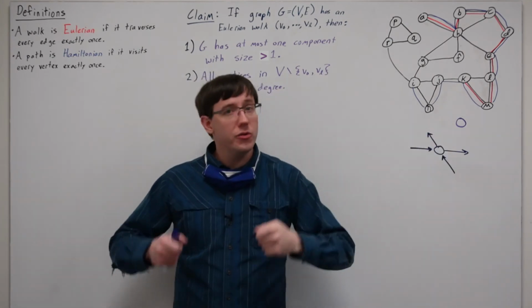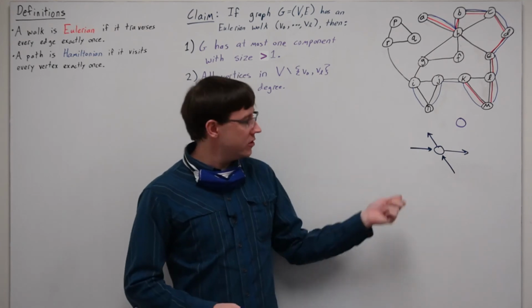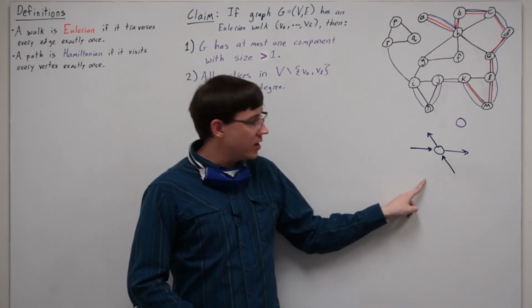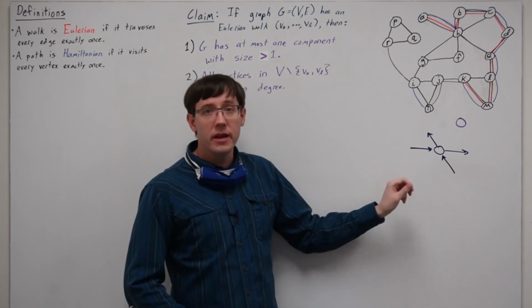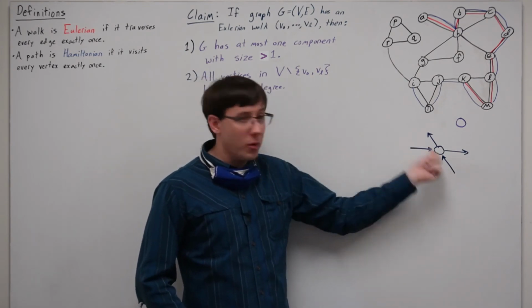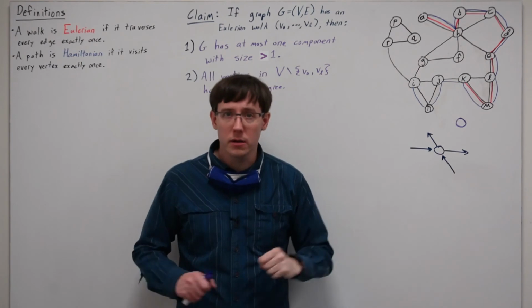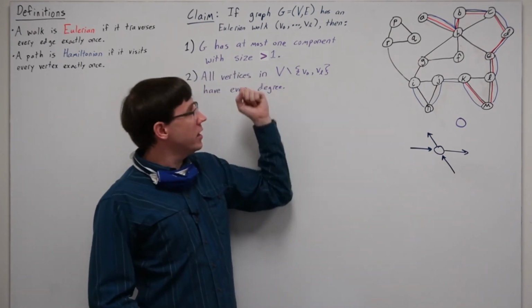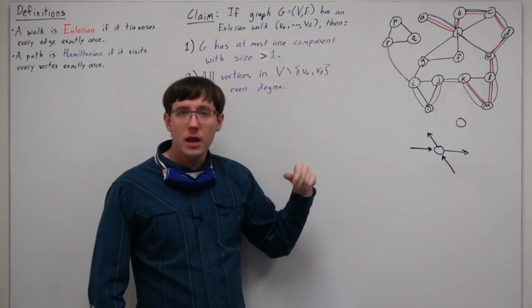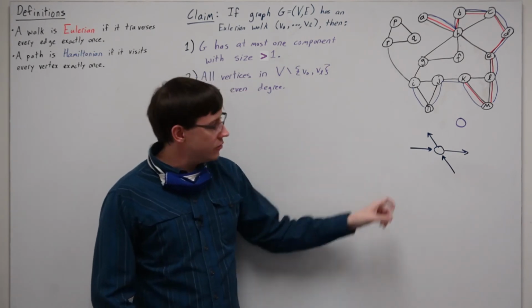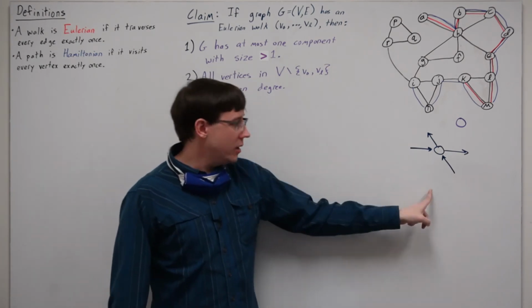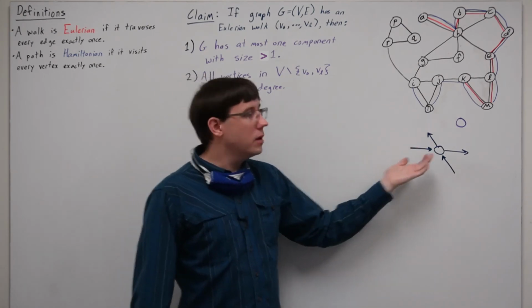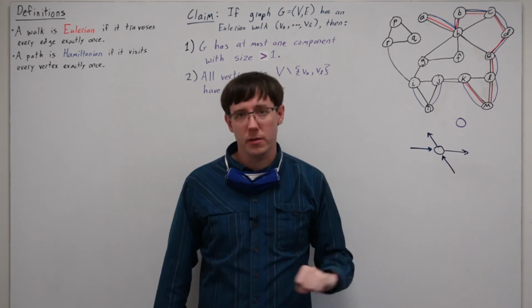And because we know the Eulerian walk traverses every edge, there can't be any other edges coming out from this vertex except the ones that we followed as a part of the walk. And so the degree of this vertex will be twice the number of times it was visited by the walk. Unless, of course, it is the start or end vertex, in which case we could arrive here and never leave, or leave here without first arriving.